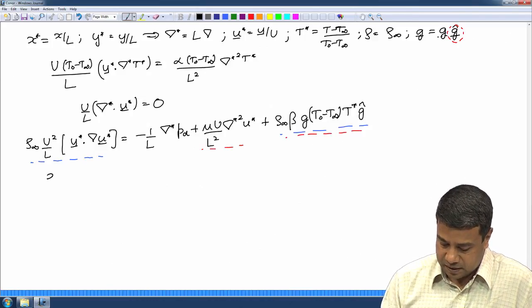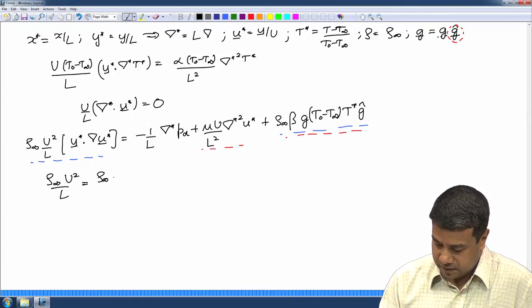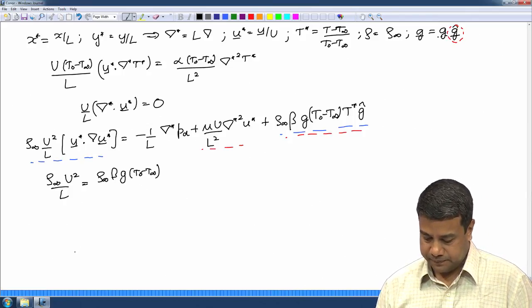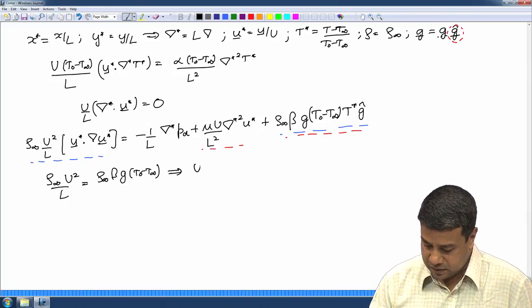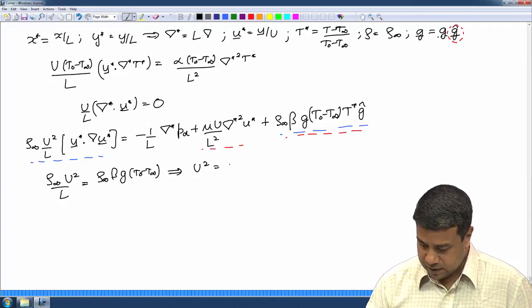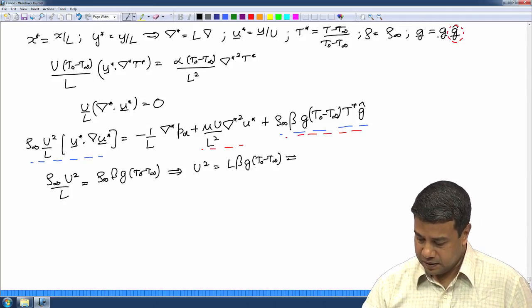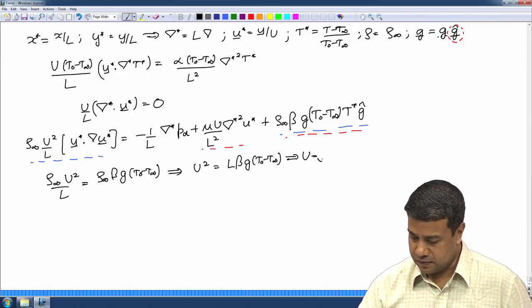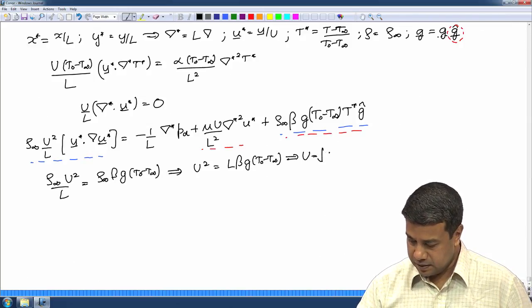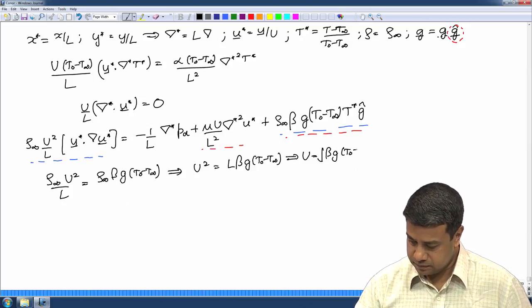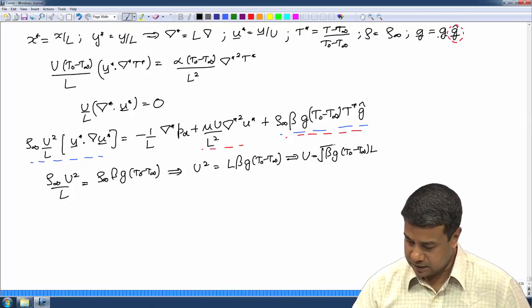Therefore, if I balance the inertial and the body force terms, I get rho u square by L is equal to rho infinity beta g, which implies that u square is equal to L beta g into T naught minus T infinity, or the velocity scale basically is equal to the root of beta g into T naught minus T infinity, into the length scale.